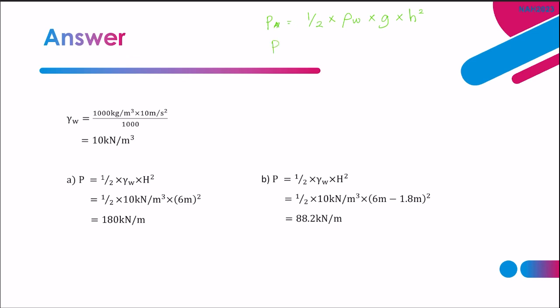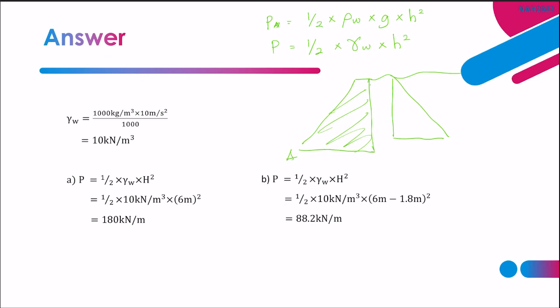Or you can also use half times unit weight of water times height of the water, power of 2. So you boleh pakai mana-mana formula here because kita tahu water pressure. Okay, for example, you have a wall like this. So the retained water at the back. So this is A, this is B.